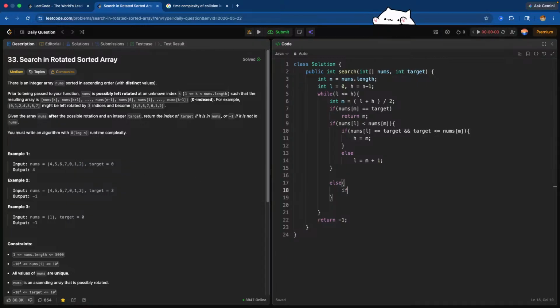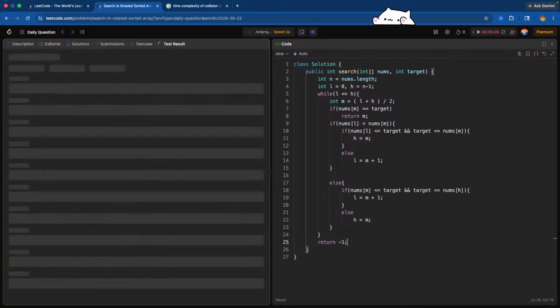Then we check if nums of mid is less than equal to target and target is less than equal to nums of high, then our low is mid plus 1, else our high is mid. In any case, return -1.